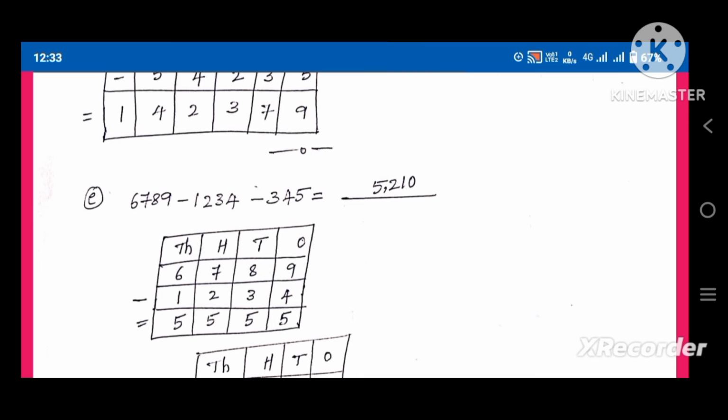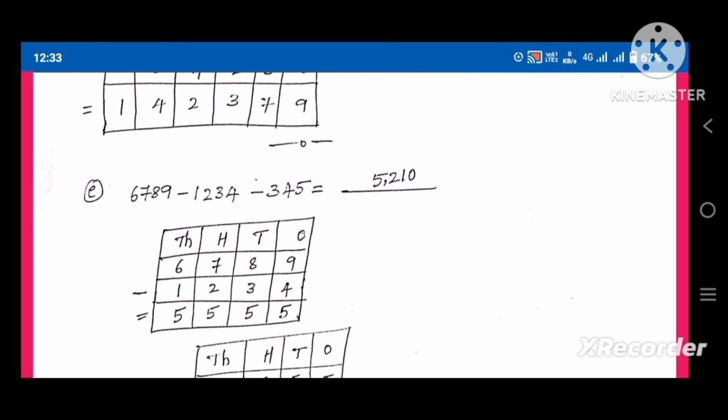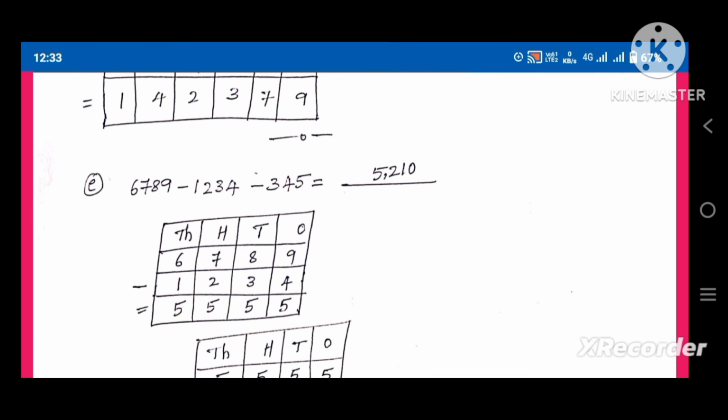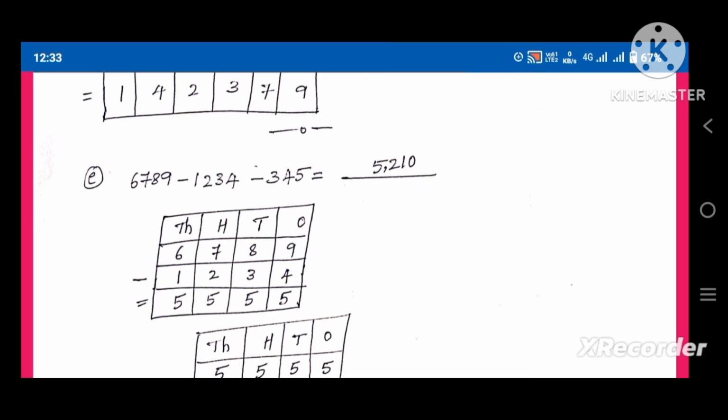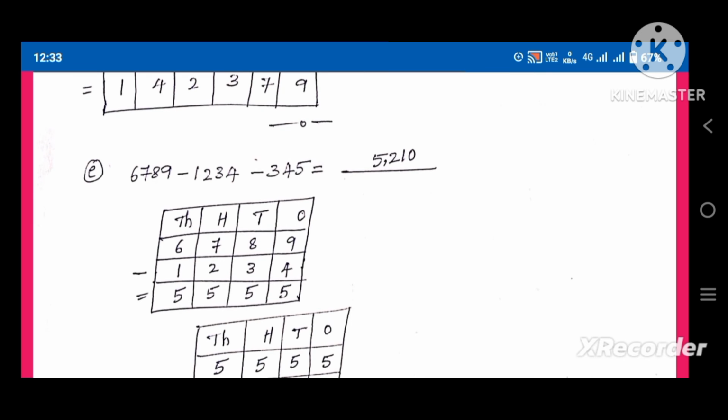First we subtract 1,235 from 6,789. Then we get the answer 5,555.